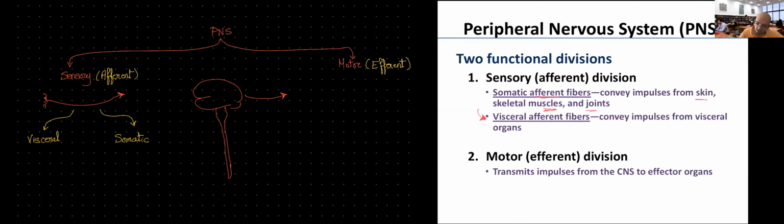So if my target organ for the motor signal is a skeletal muscle, it's under voluntary control. I can control it. I can decide to contract and relax my skeletal muscle. It's under voluntary control. So we call this the somatic motor nervous system.